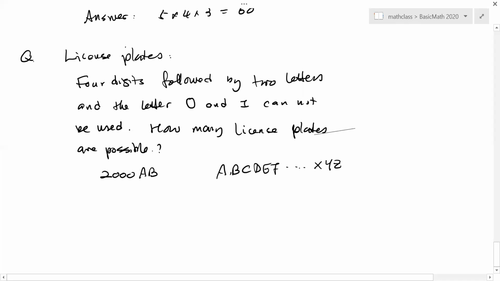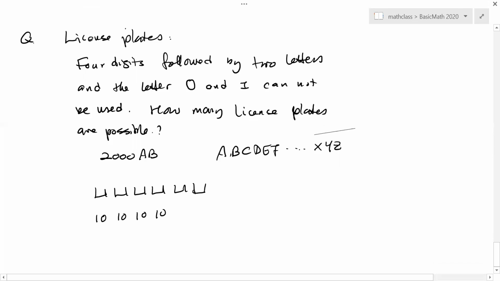All right, yes. So how many steps here? 5, okay? So for the first 4 steps, because 0 can be used, each time you have 10 choices. But for the letters, you can only use 24 letters.